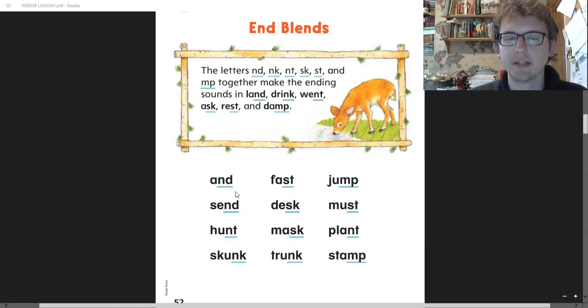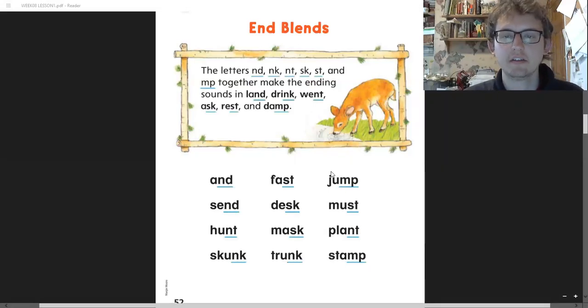Okay, so I'm going to read these words first and then you can read them. And, send, hunt, skunk, fast, desk, mask, trunk, jump, must, plant, stamp.